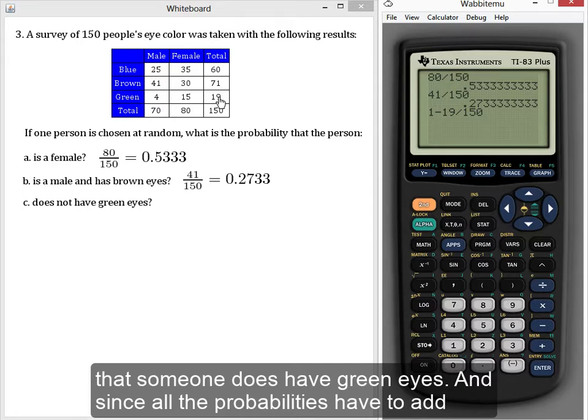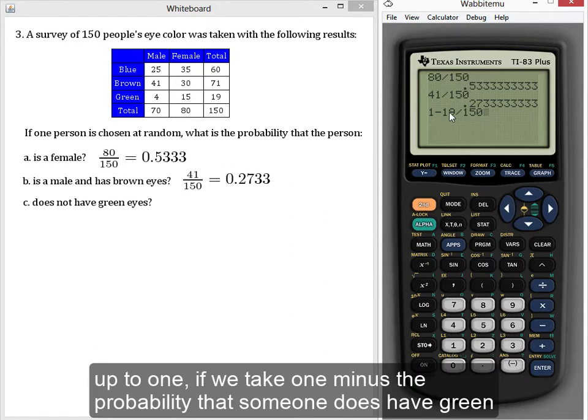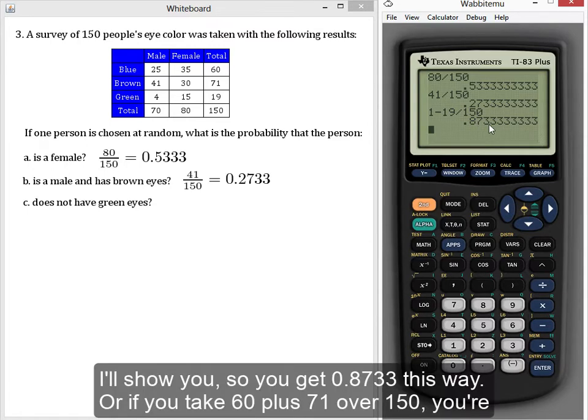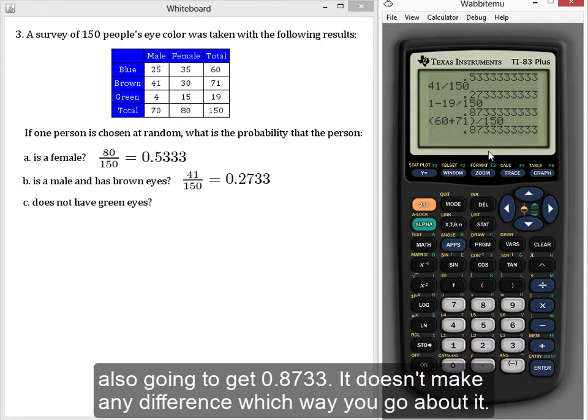And since all the probabilities have to add up to 1, if we take 1 minus the probability that someone does have green eyes, that'll tell us the probability that they do not have green eyes. I'll show you. So you get 0.8733 this way, or if you take 60 plus 71 divided by 150, you're also going to get 0.8733. Doesn't make any difference which way you go about it.